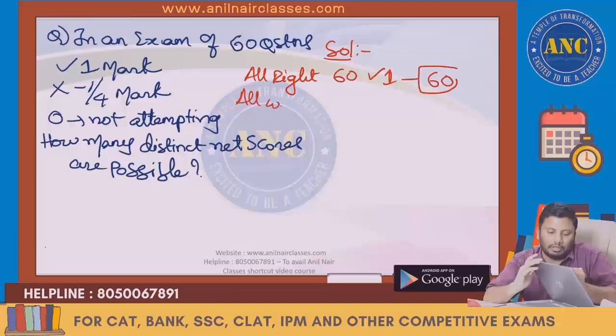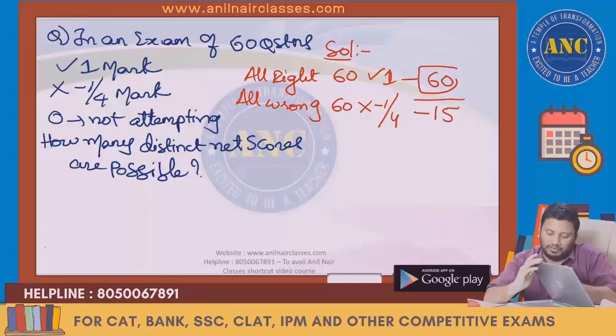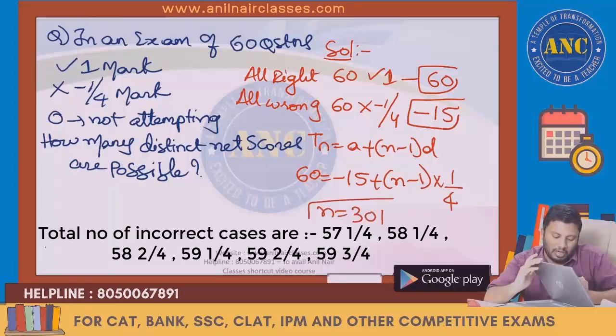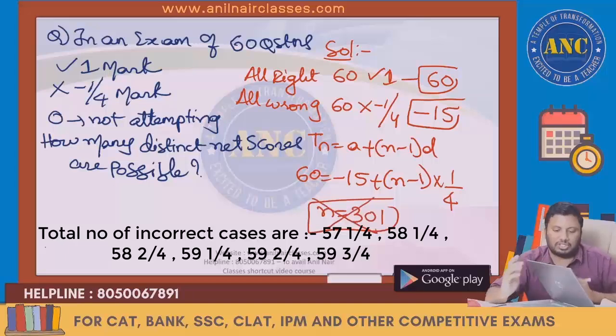All wrong: 60 times minus 1 by 4, minus 15. So Tn is nothing but a plus n minus 1 into d. So 60 equals minus 15 plus n minus 1 into 1 by 4. N is 301.